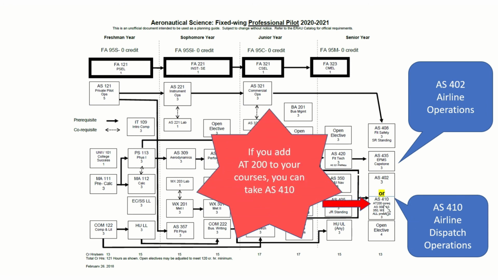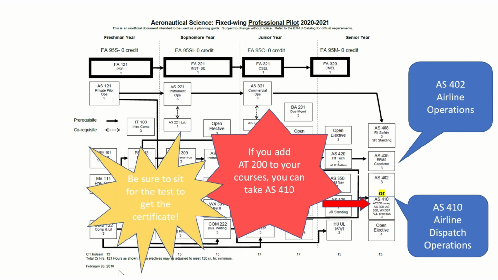If you add AT 200, which is the only course that's not in your AS flow, as one of your open electives, it allows you to sit for the dispatch certificate test. So by taking this class, it allows you to take this test. And if you take the class, I really strongly urge that you take the test as well.